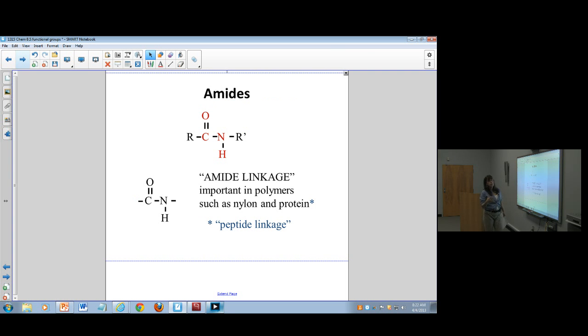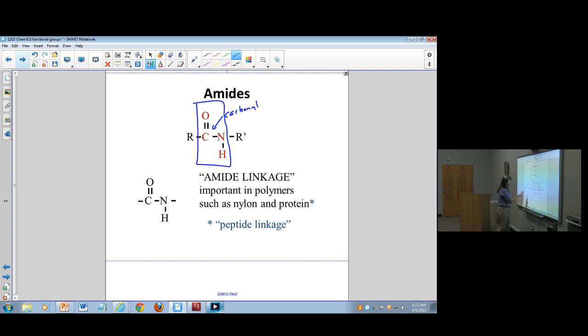Amides. Amides are very important. You'll find them in polypeptides, in our proteins, and so forth. In this case, we have a carbonyl group, the double bonded carbon-oxygen group, and the nitrogen group.